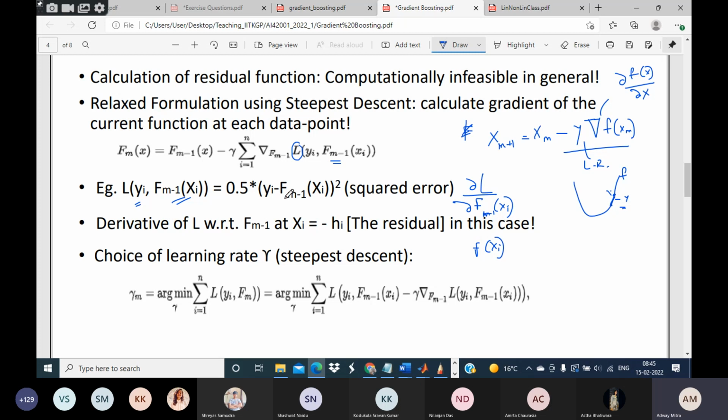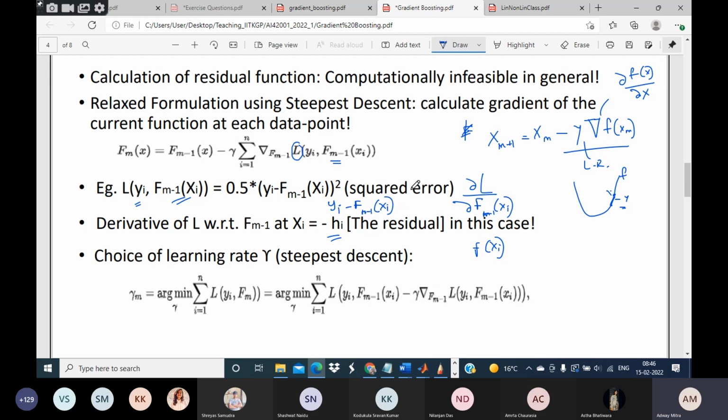So you take the derivative of this loss function with respect to f_{m-1}(x_i), and the square will come down as a factor of 2, but the half is there, so they will cancel out. So what you will be left with is just this thing, which is nothing but the residual.